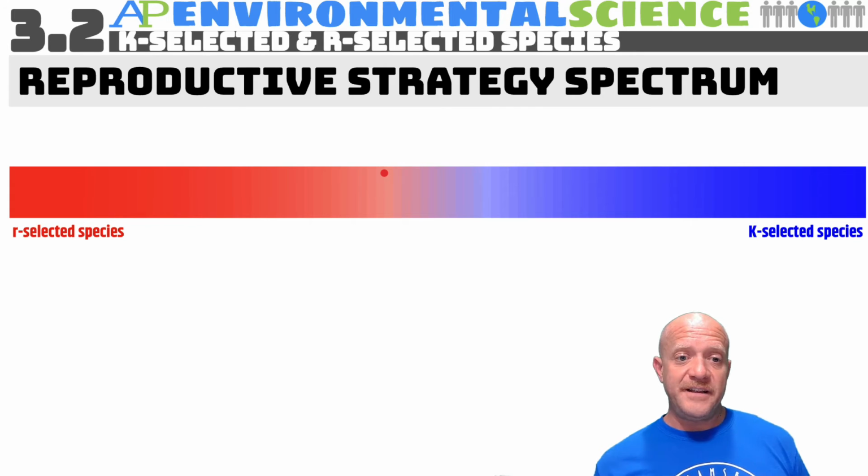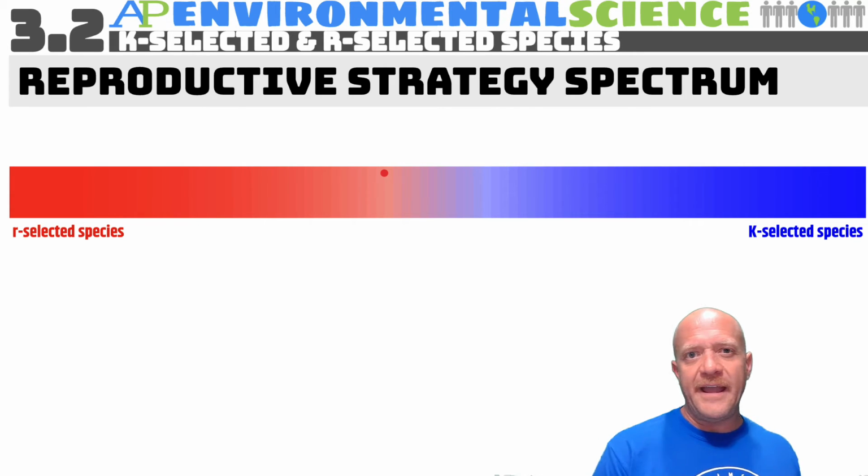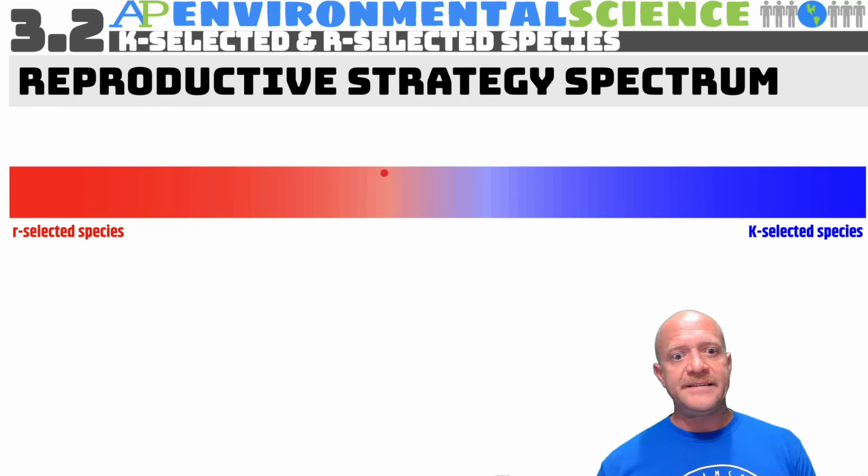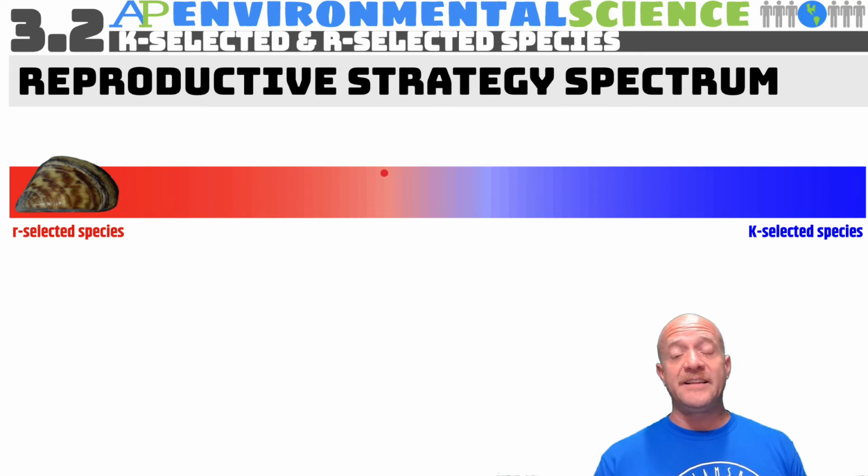So this is actually not like something is specifically K or specifically R selected. It's more of a spectrum. So some organisms are very R-selected species, like a zebra mussel. There can be millions of offspring of a zebra mussel in a particular year.